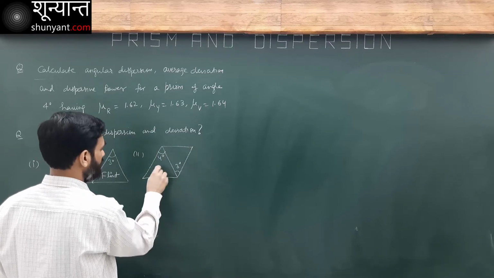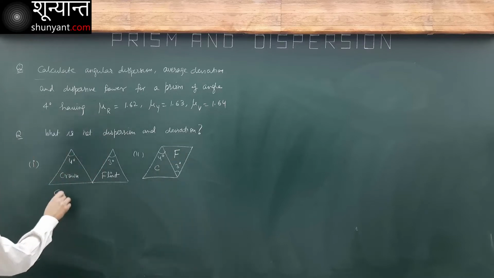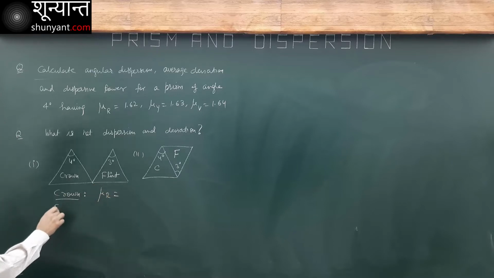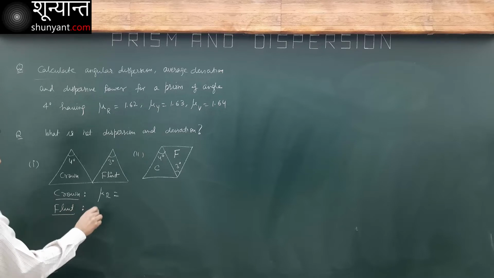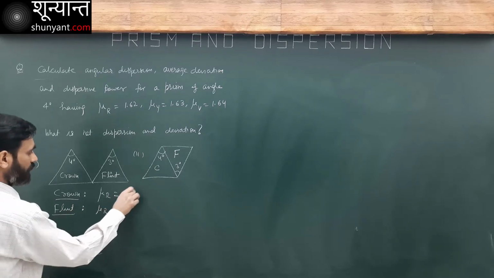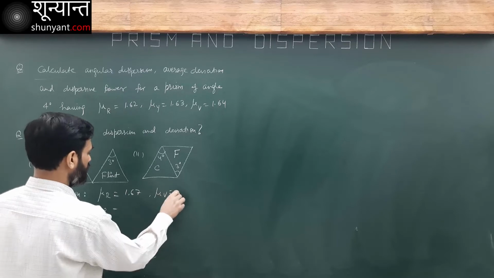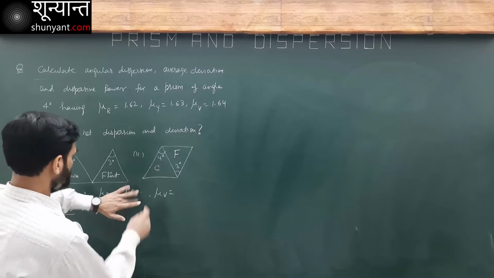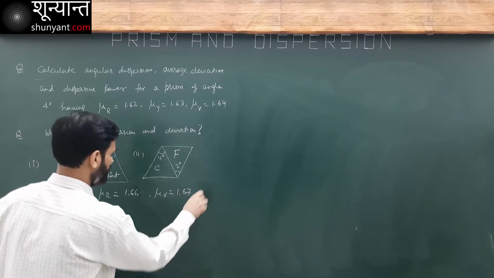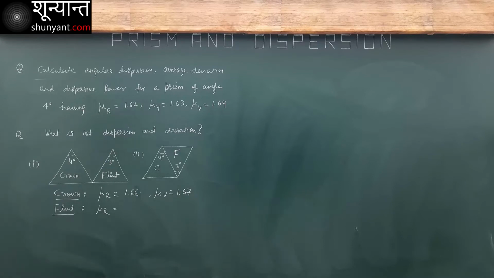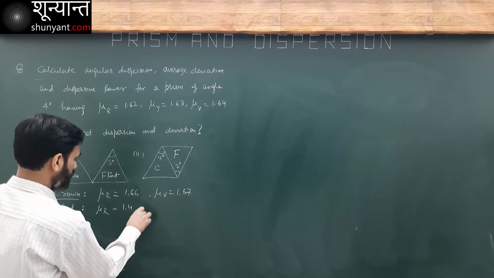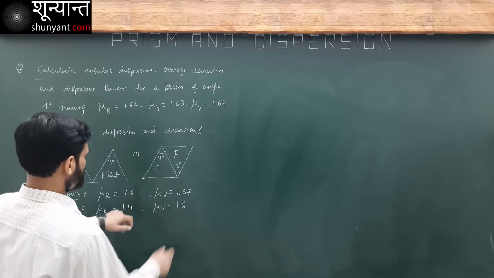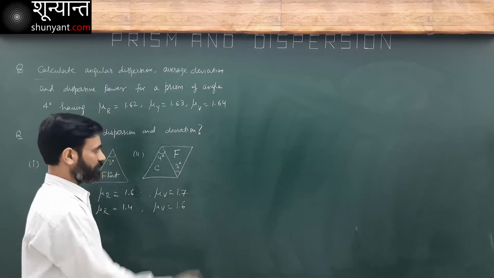This is 3 degree. This is crown and this is flint. For crown, mu r and mu v, and for flint, mu r and mu v, this is going to be higher. Let's say the values are 1.6 and 1.67 for one, and 1.4 and 1.6 for the other.